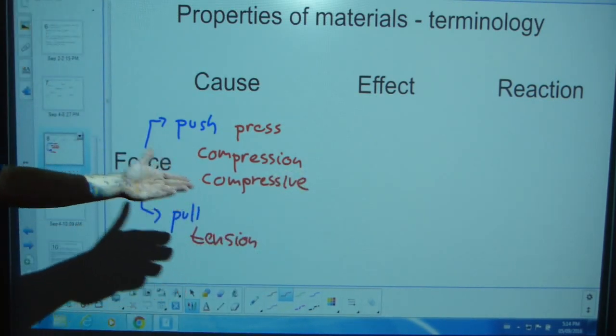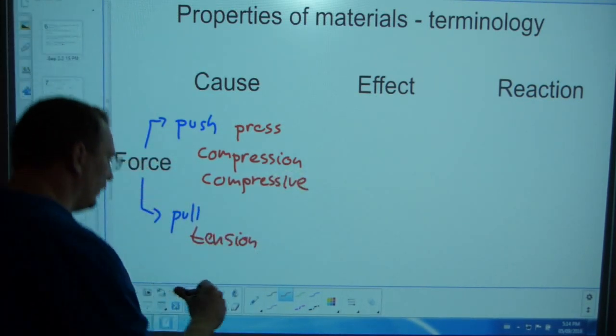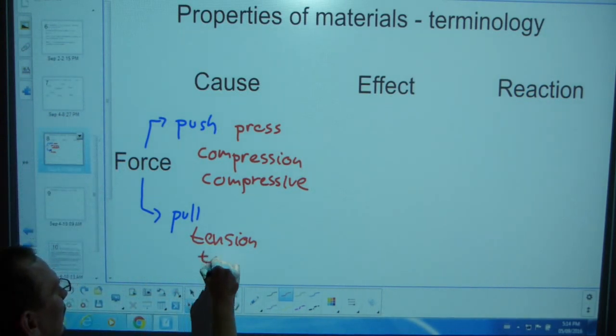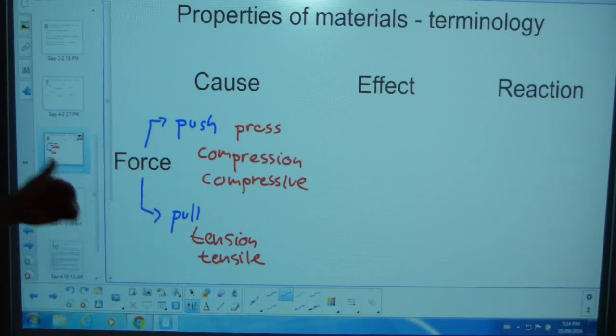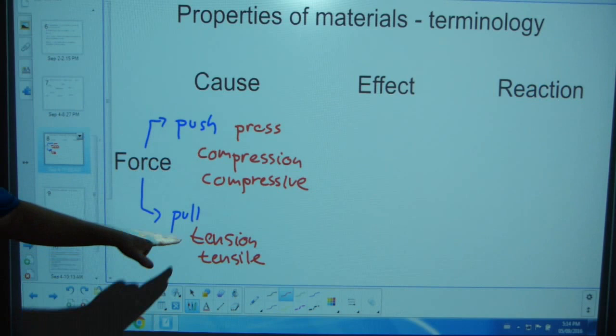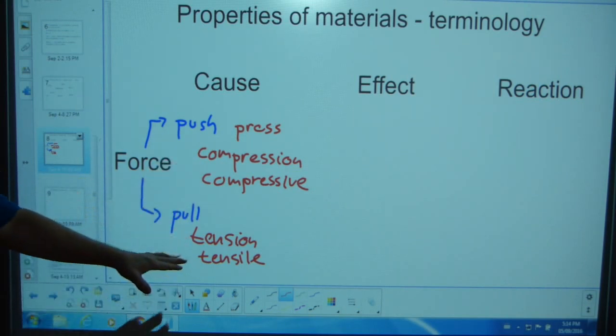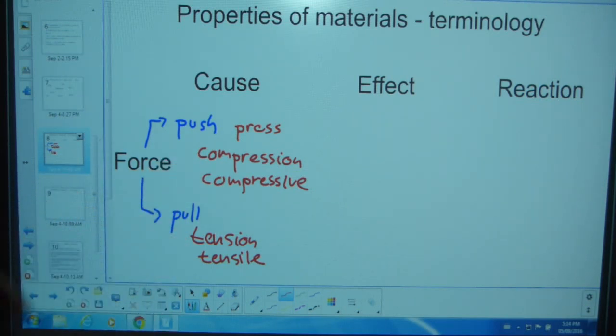So we'll have compressive forces, and the adjective of tension is tensile. So we'll have tensile force, tensile strength, whatever. Okay? So noun, tension, adjective, tensile. Noun, compression, adjective, compressive.